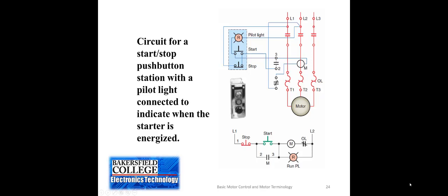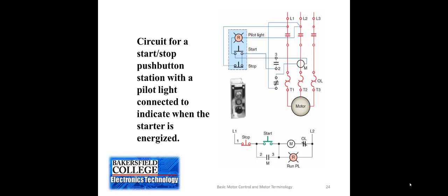Now this diagram is showing a start-stop push button circuit, a 3-wire control, and it's showing a pilot light as part of that circuit. When the starter is energized, that's when the pilot light will glow. Because it's a load, they're placing it on the right-hand side of the ladder diagram, and it's in parallel with the motor starter coil.